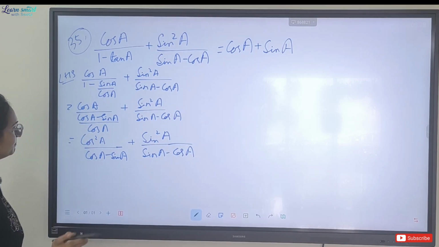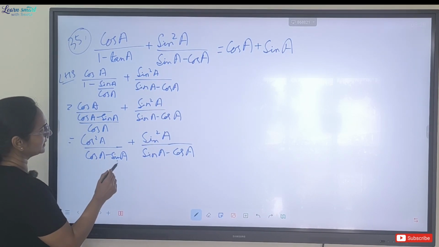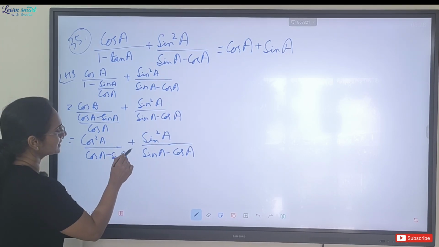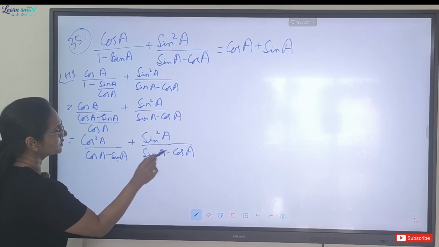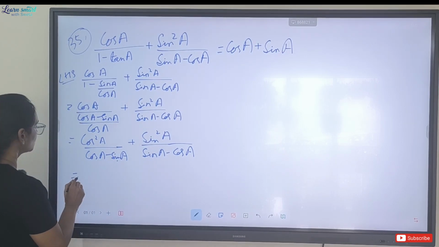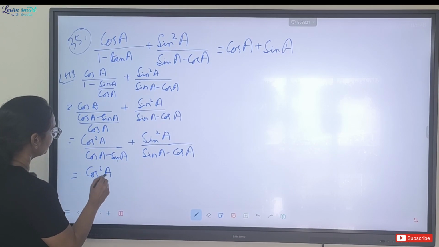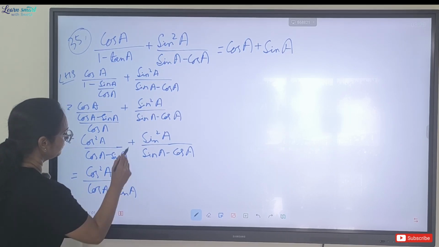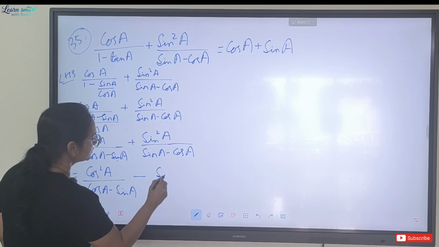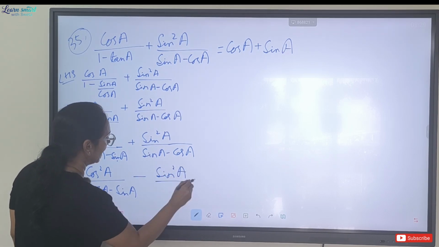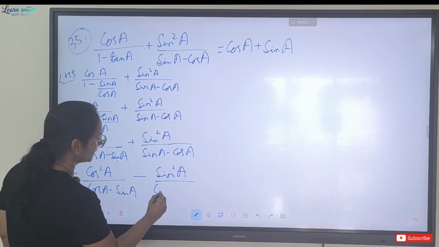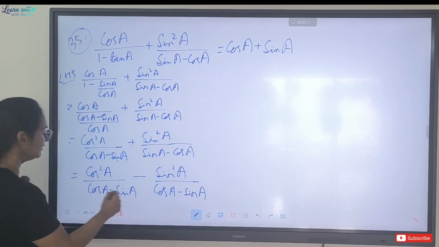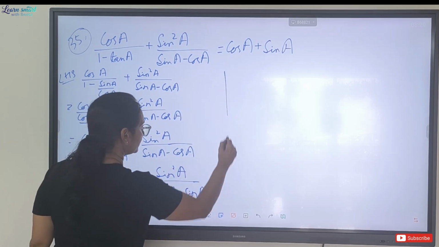Now we will take LCM, but see here we have cos A minus sin A and here we have sin A minus cos A. So what is the rule that we have to remember? If we change this sign, this will become cos A minus sin A. So we will write cos square A by cos A minus sin A, and we write this minus, then this will be sin square A and the denominator will become cos A minus sin A. Now the denominator is same, so it becomes easy to solve.